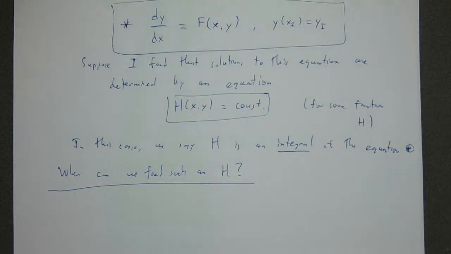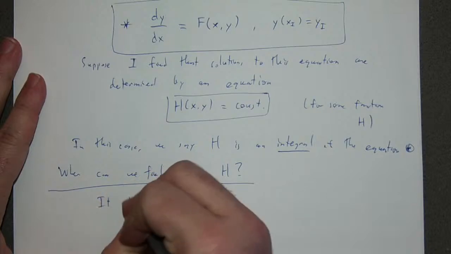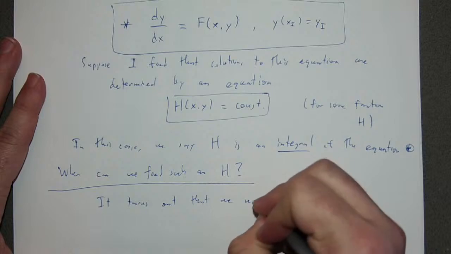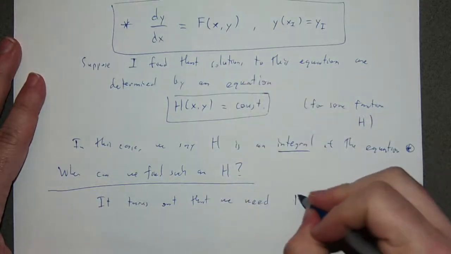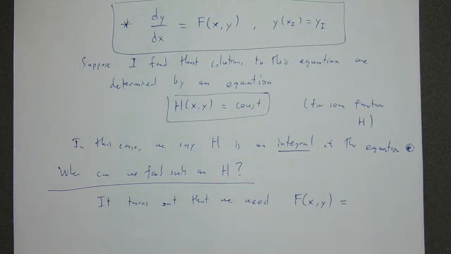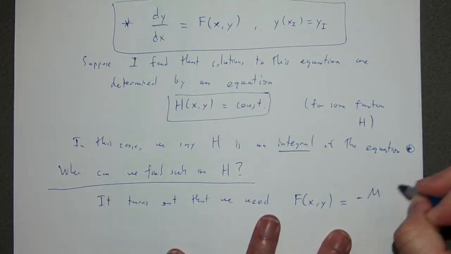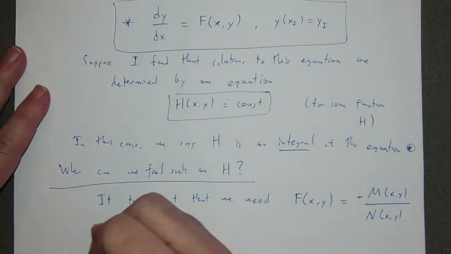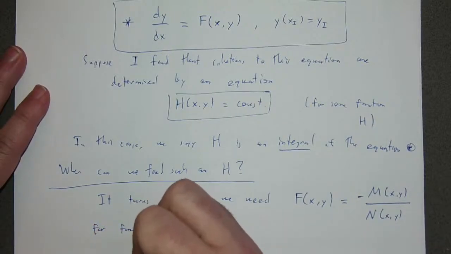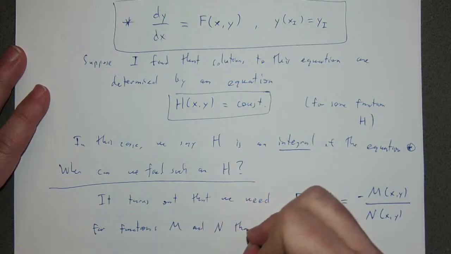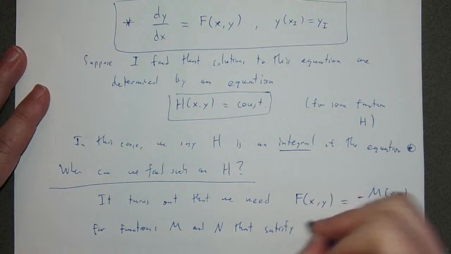And it turns out that we need big F of x,y to be equal to minus M(x,y) over N(x,y), for functions M and N that are nice, that satisfy a certain property.